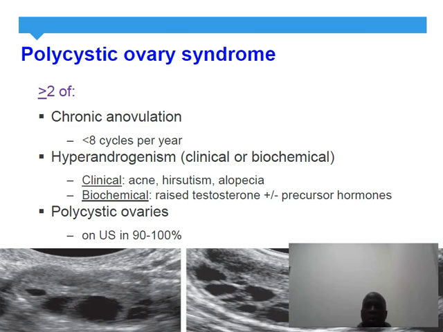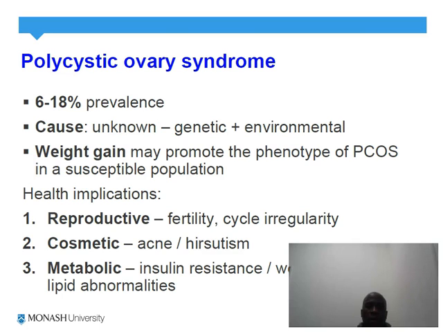Usually this will inhibit ovulation, and also it will render the woman infertile. The prevalence of such a syndrome is between 6 to 18% of women.